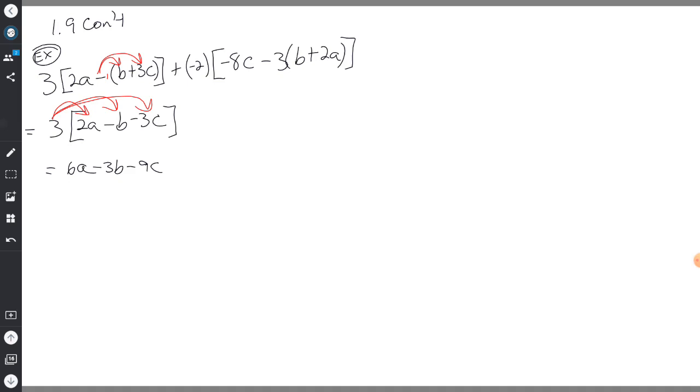Now looking at the second term, we go to the innermost there, nothing on the inside, but we're taking this -3 and distributing it. So that's going to give us -3b, and then minus 6a. Let's drop down the 8c and bring down this bracket.